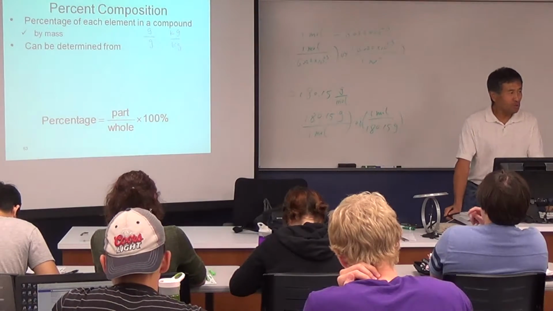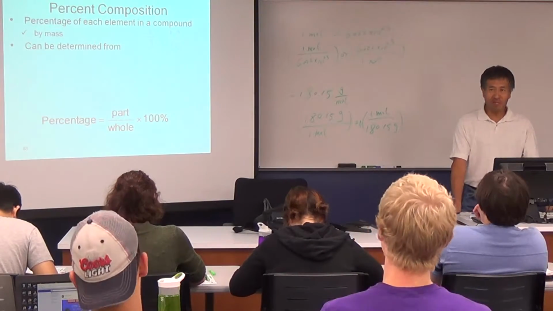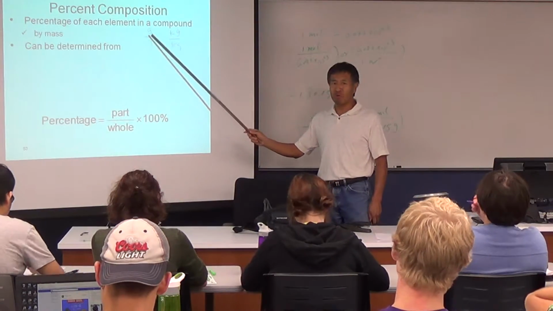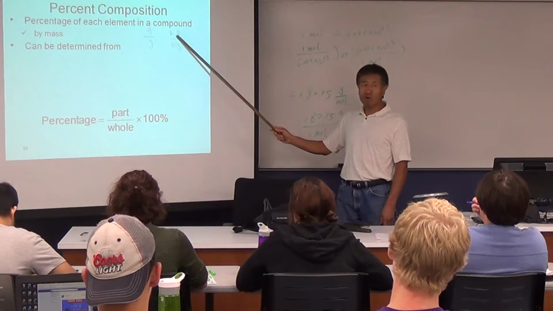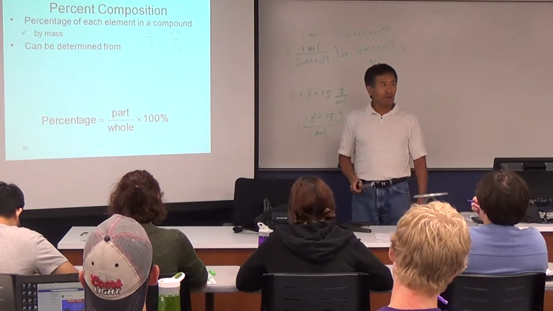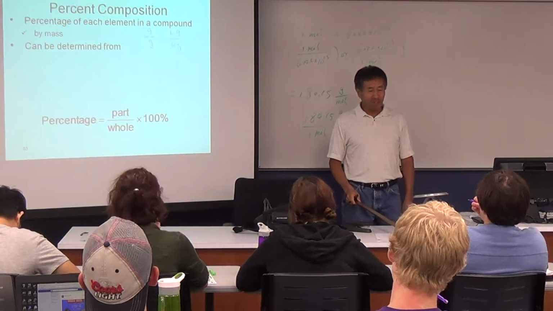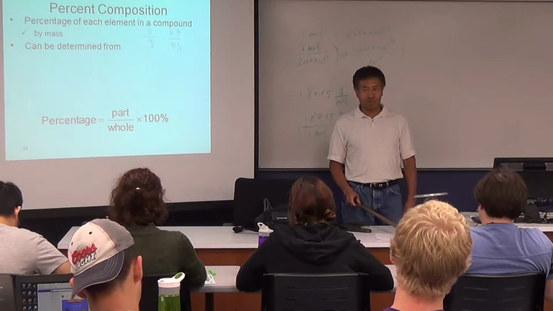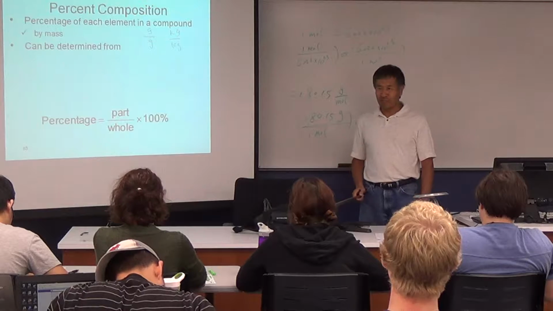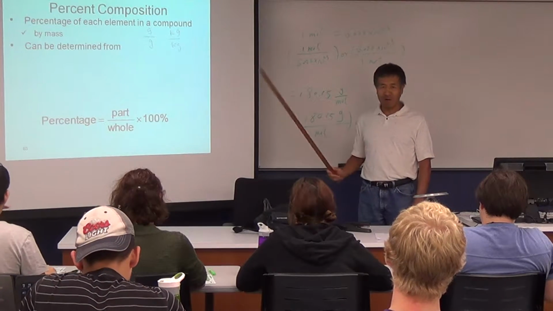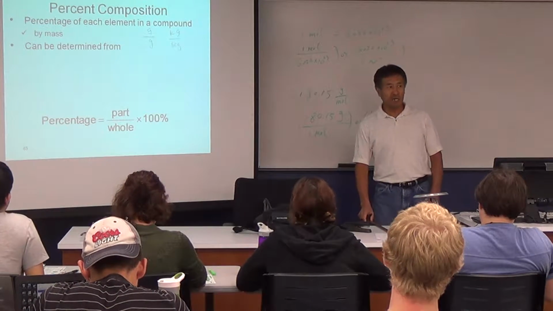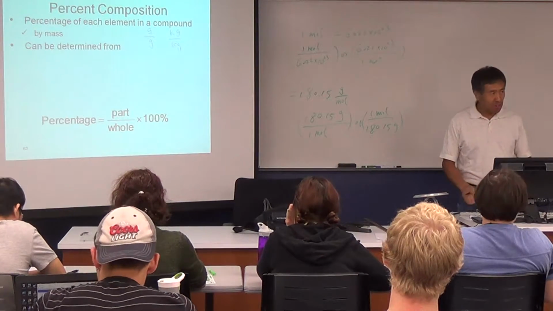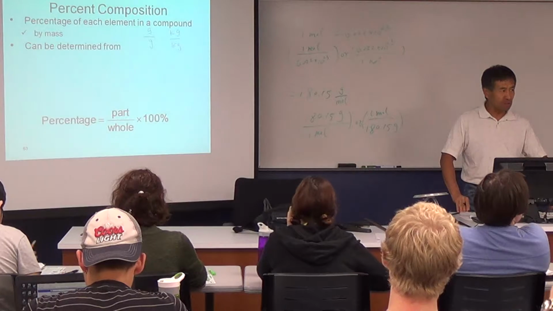So this is the so-called percent composition. I'm starting with a very simple one, gram over gram, kilogram over kilogram, but there is even more important information: gram of what and gram of what, kilogram of what, kilogram of what. And you have to be able to clearly identify gram of what and kilogram of what.